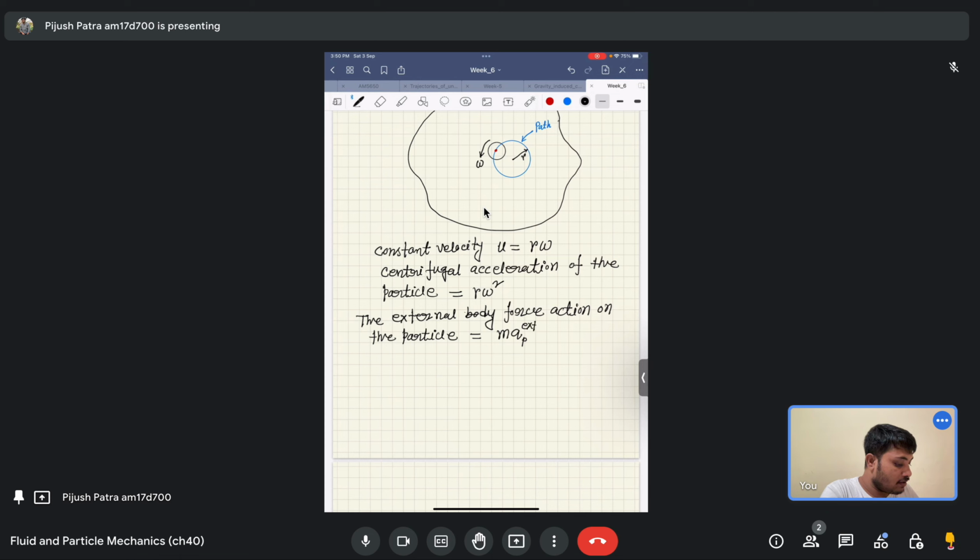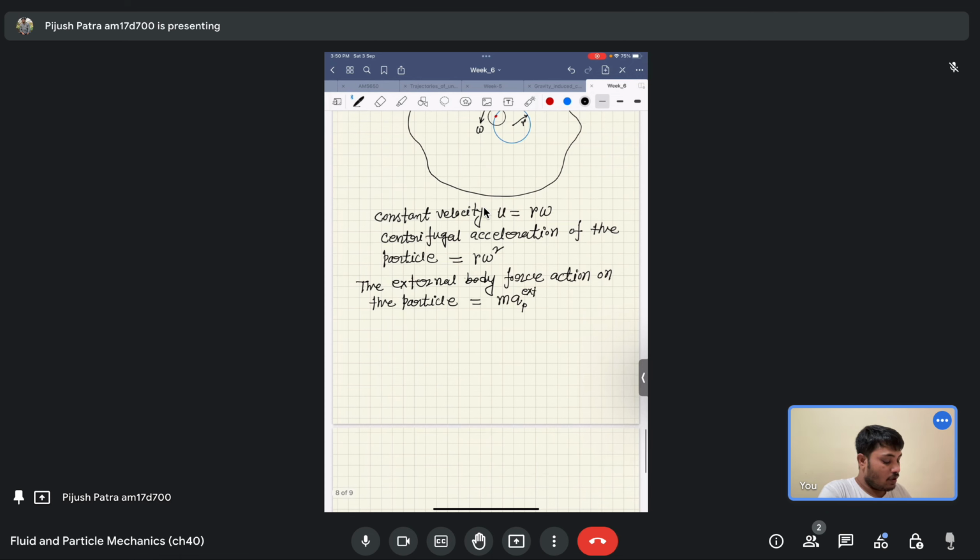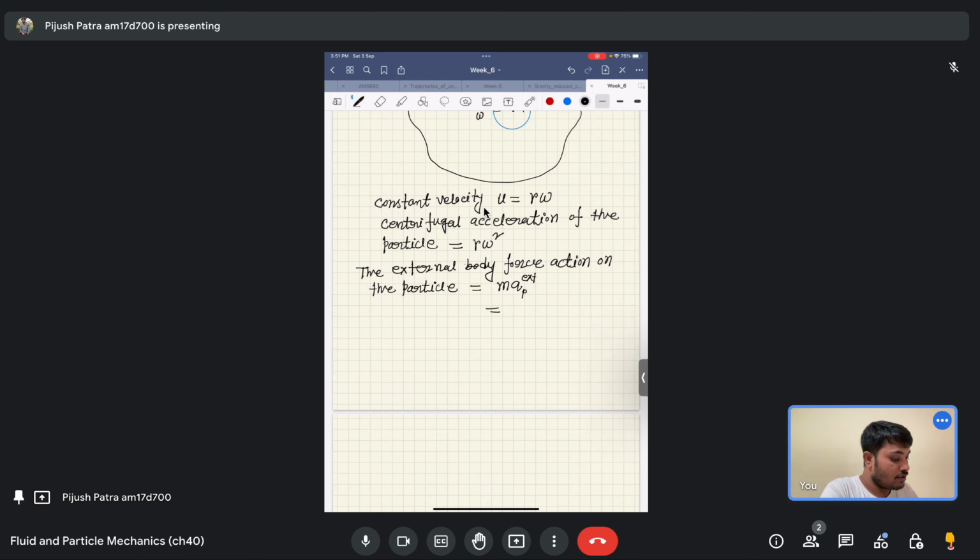Let me write it as ext. So what is the acceleration due to the external body force? r omega square. So it is m r omega square.